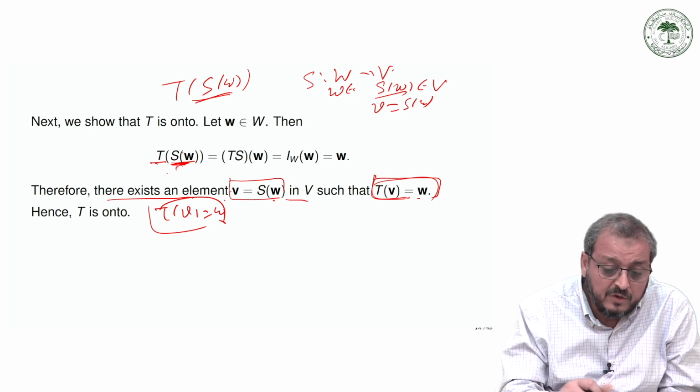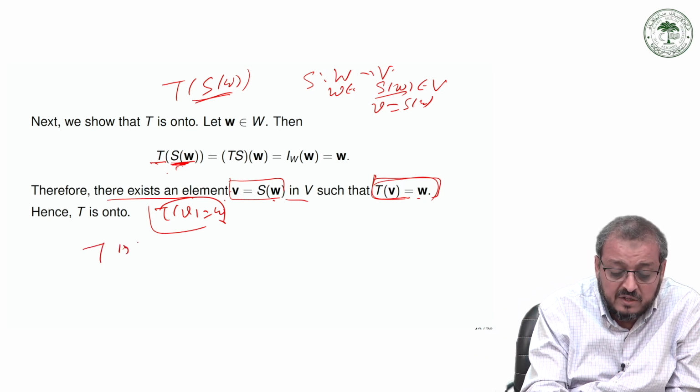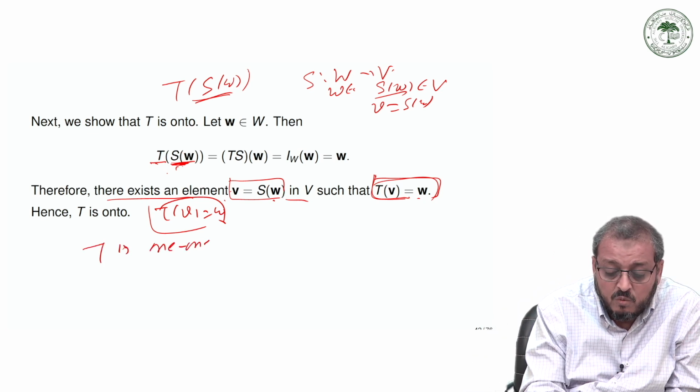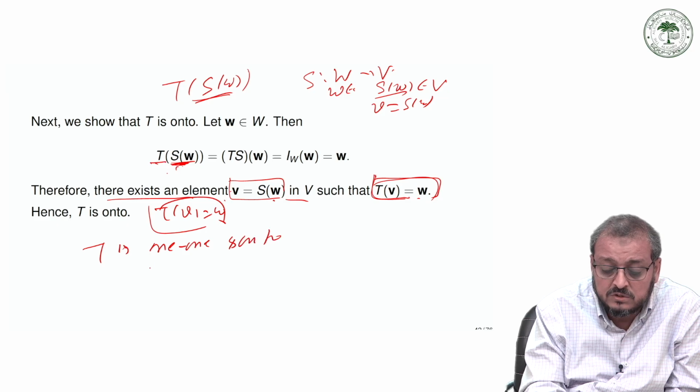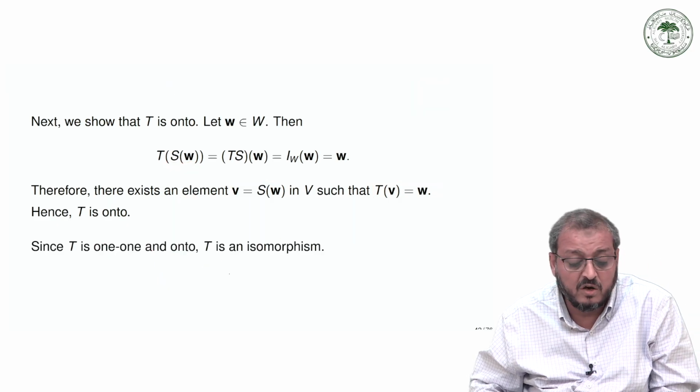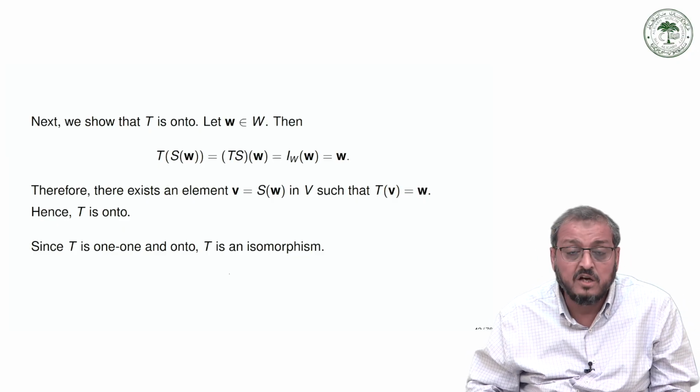Okay, so now we complete the proof that T is 1 to 1 and onto. So this implies that T is an isomorphism. Okay, so now we have 1 to 1 and onto, so T is an isomorphism.